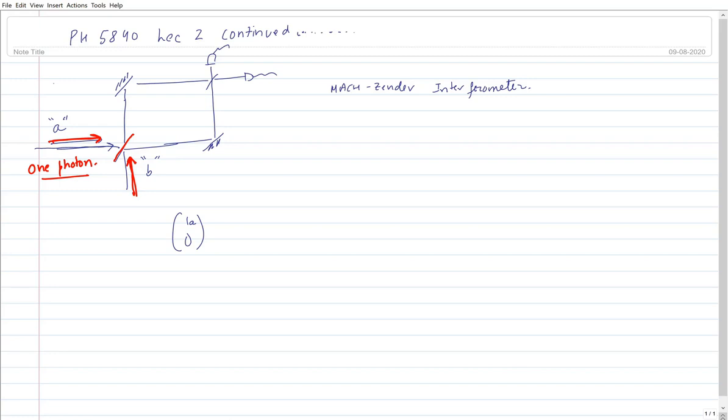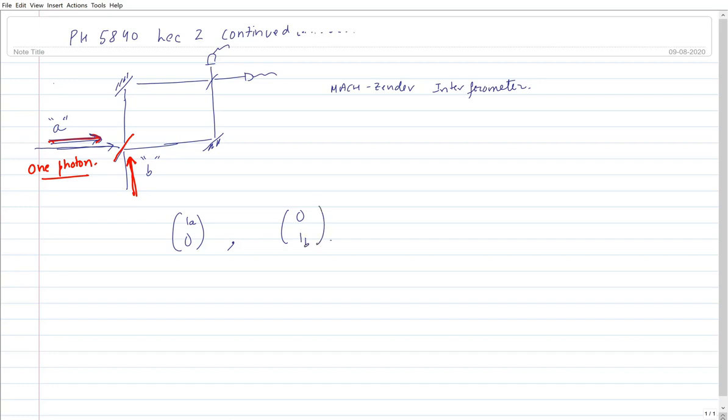So what does this vector mean? It means that I am injecting the photon through this port and there's nothing in this port, and the other combination would be nothing is coming from port A, and a single photon is coming from port B, and that's going to be 1B.